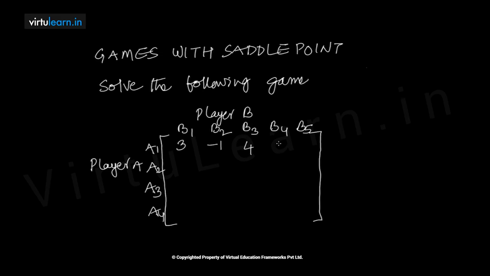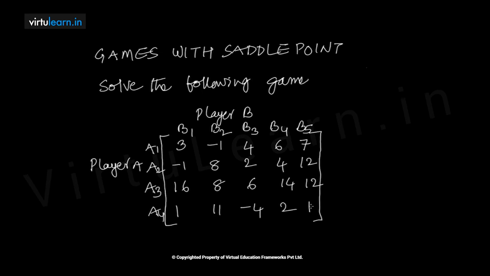Player A may have certain number of strategies, player B may have certain number of strategies. That means player A may have 3 strategies, player B may have 4 strategies, or player B may have 4 strategies, player A may have 5 strategies. Likewise, there is no restriction as such. They need not be equal number of strategies. Here in this problem, player A has 4 strategies, player B has 5 strategies.